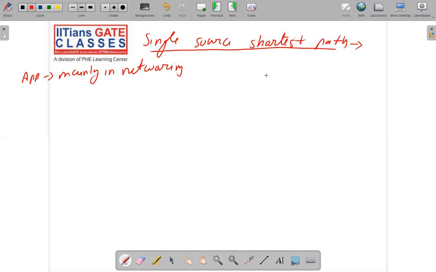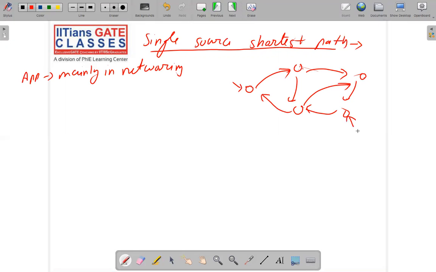In a network, you have multiple nodes, routers, hubs, your computer devices, connected in a very complicated network, and we can represent that network as a directed graph, where this node can send packets to this node and to this node. Now if from this node you want to send some packets to this node, what is the minimum path?